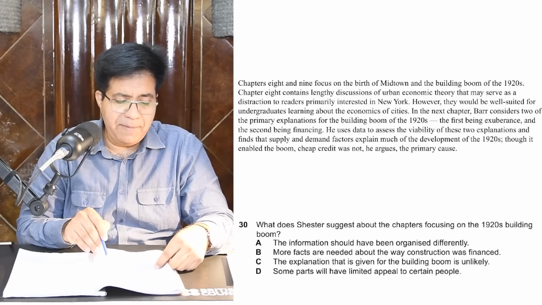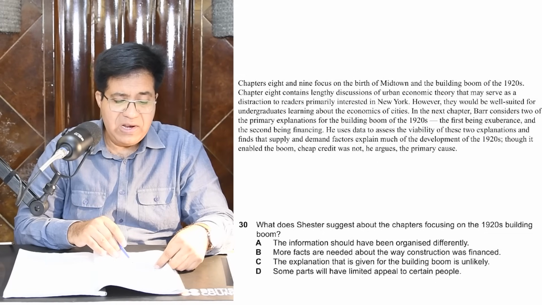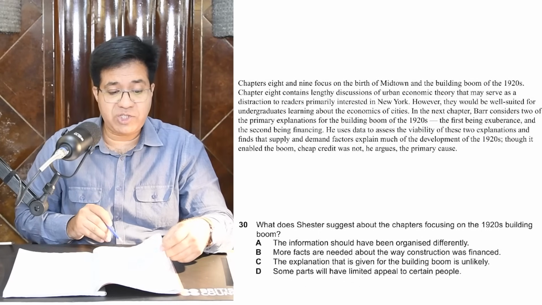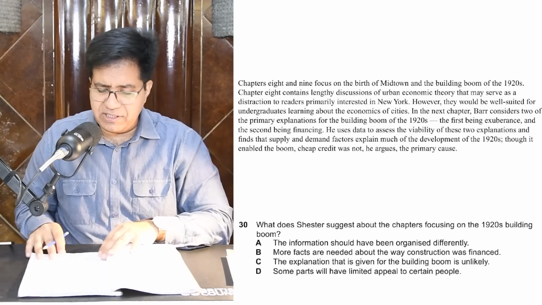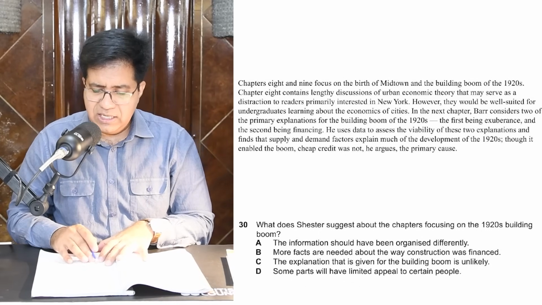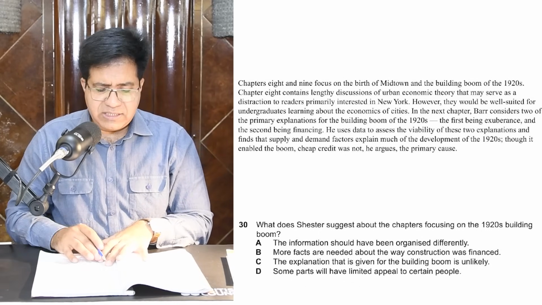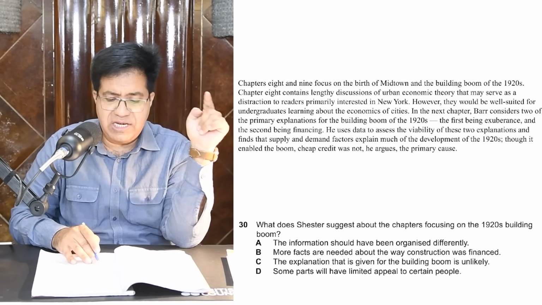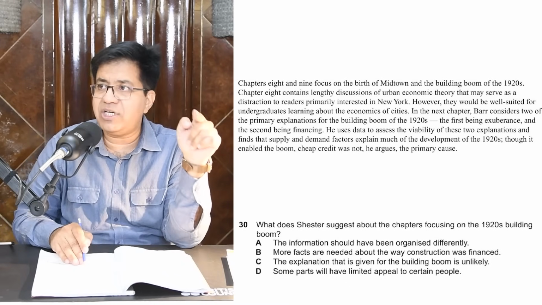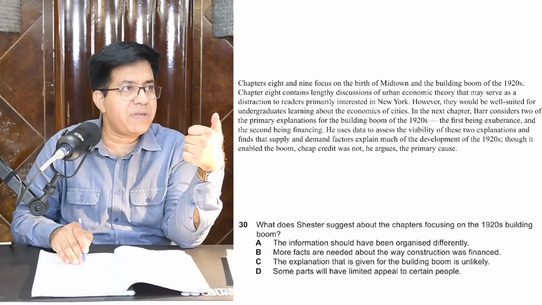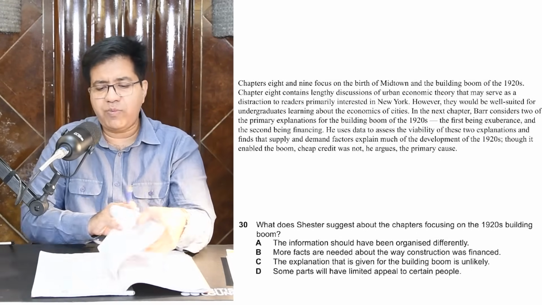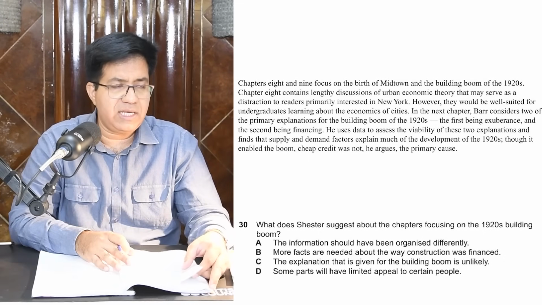No. Some parts will have limited appeal to certain people. Try to understand. Some parts will have limited appeal to certain people means that may serve as a distraction to readers. Now, certain people are readers primarily interested in New York. So, question number 30, correct answer is D.